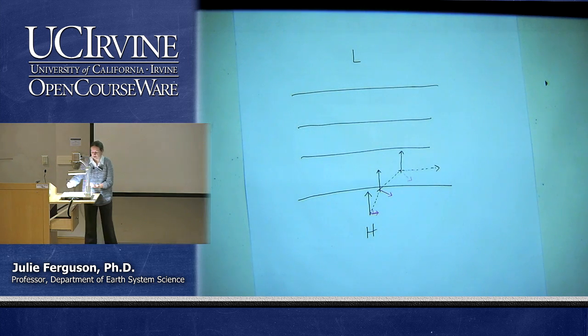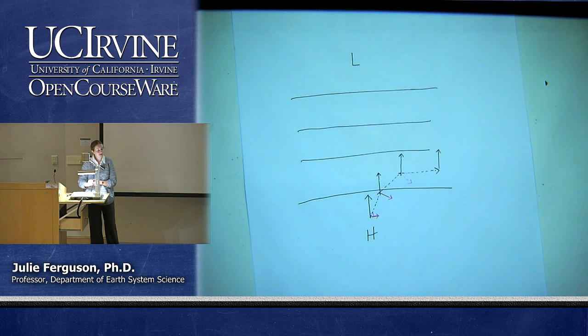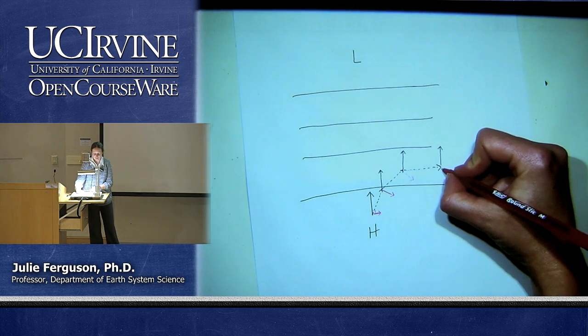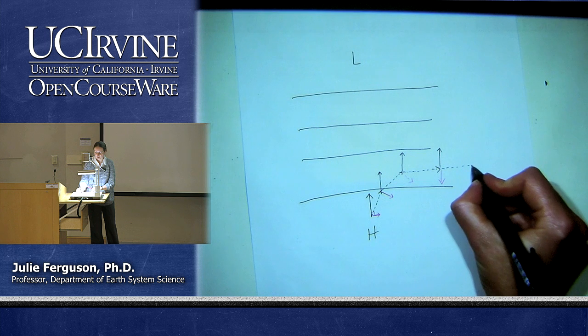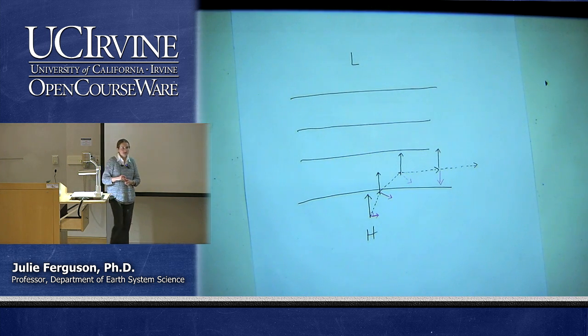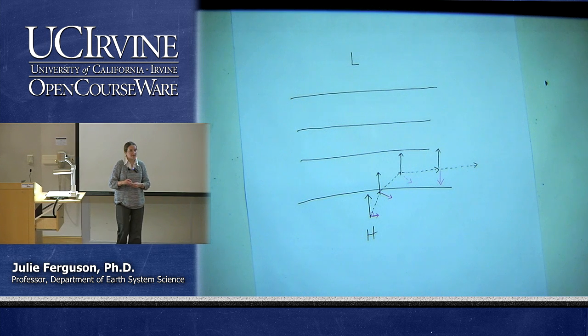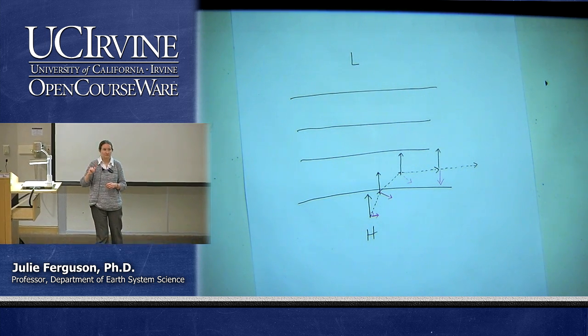And at this point, we have our pressure gradient force going up like that, and we have our Coriolis force acting at 90 degrees to the right, which is down that way. And when they balance out, which they do in the upper atmosphere, it just means that it keeps going in a straight line. Okay? So that's why we end up going parallel to the isobars high up in our atmosphere where we don't have friction.